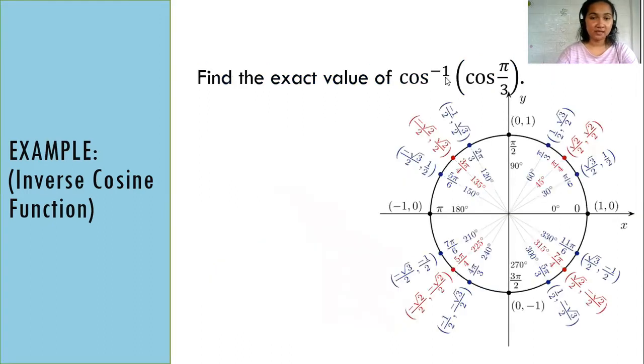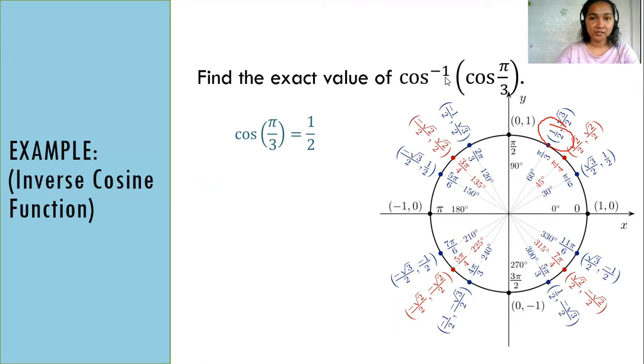Find the exact value of inverse cosine of cosine pi over 3. The first step is finding the value corresponding to cosine pi over 3. For the ordinary cosine, pi over 3 is 60 degrees, and that will be equal to 1/2. So cosine pi over 3 is equal to 1/2.